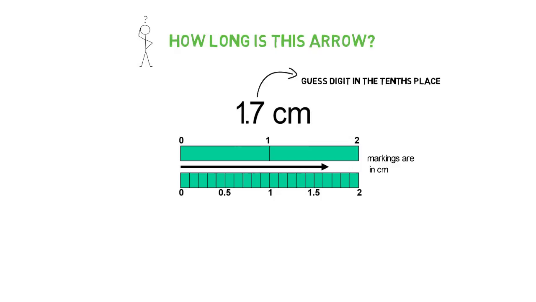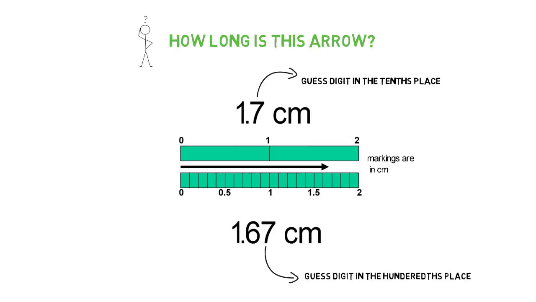We can see that the arrow is somewhere between 1.6 and 1.7. And in this case, we can guess another digit. We could say it's a little past half, and so it's probably close to 1.67 centimeters. With this ruler, our guess digit is in the 100ths place.